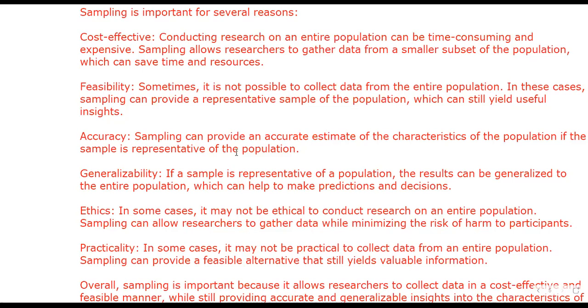If a sample is representative, the results can be generalized to the entire population. It is sufficient to make decisions and predictions. So if we are able to tell that one member of the house has COVID, most likely it would spread to the others. So you do a test on each one of them. You can generalize that there's COVID in this home.